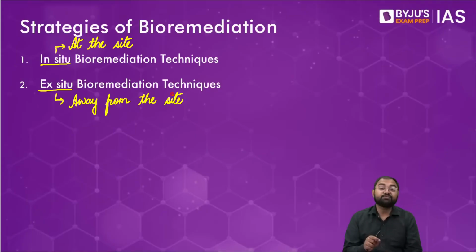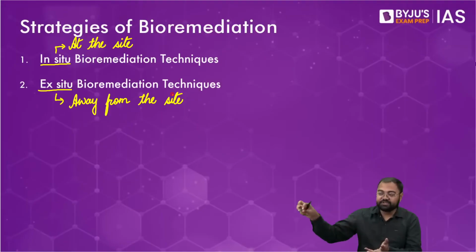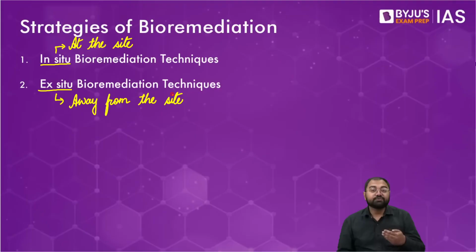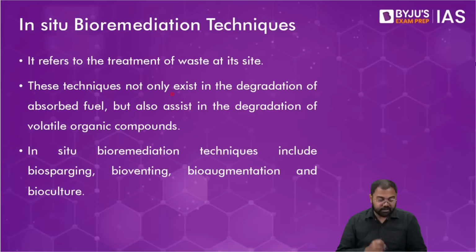On the other hand, we have ex situ bioremediation, where whatever contamination has happened, we first take it away from the site of contamination and treat it elsewhere. So when you treat it at the site of contamination itself, it is in situ bioremediation, and when you do the treatment away from the site, it is ex situ bioremediation.